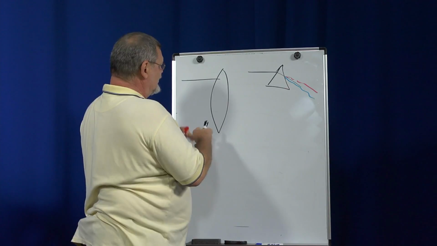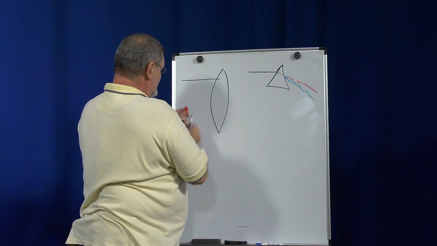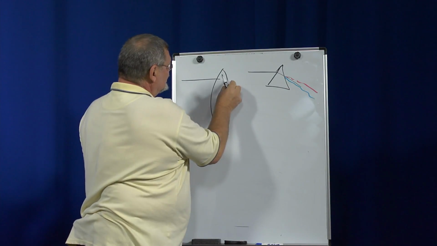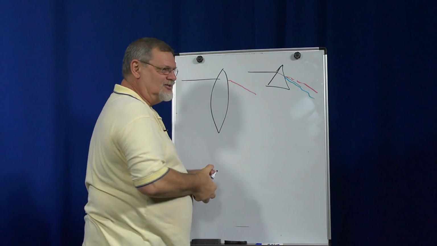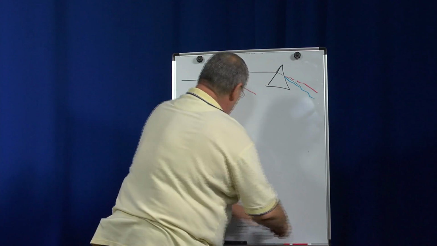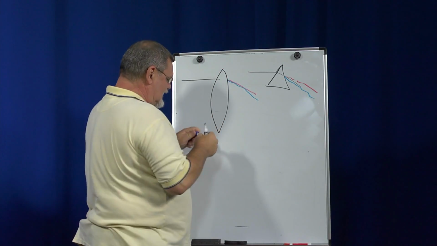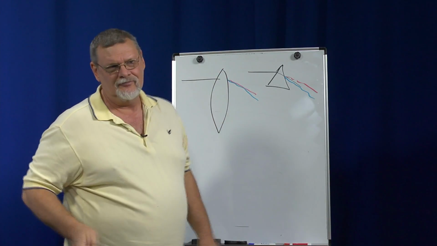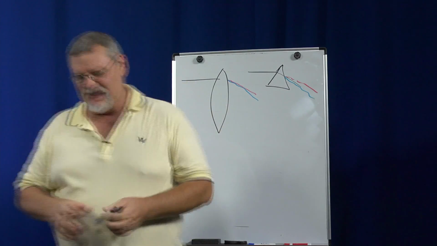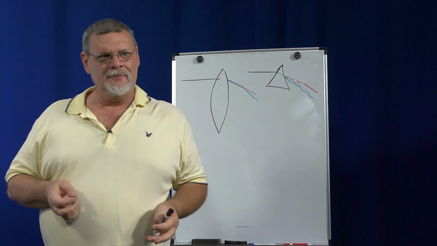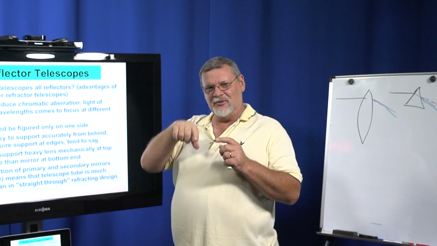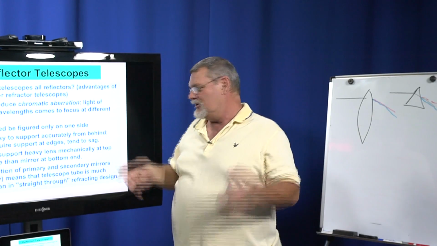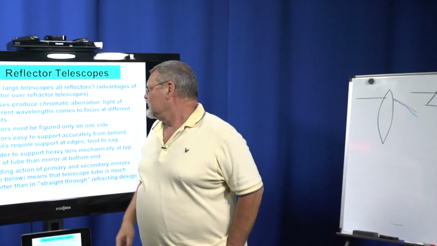When it comes out to the other side here, you're going to see some red, not being bent as much, on the edges of your object, and a little bit of blue. So you see that. Well, astronomers don't like that. They don't want to see that, especially if you're trying to study what's the true color of something. And so on a refractor telescope, you get this edge effect and a little bit of a rainbow effect around the edges, and you don't really want that. So we don't like that.